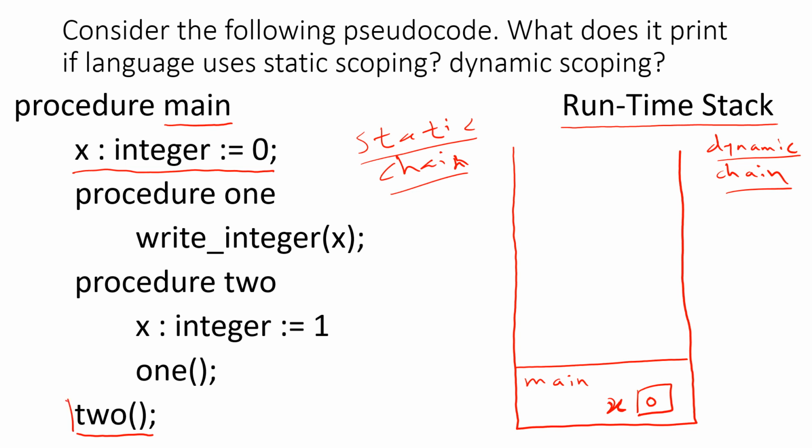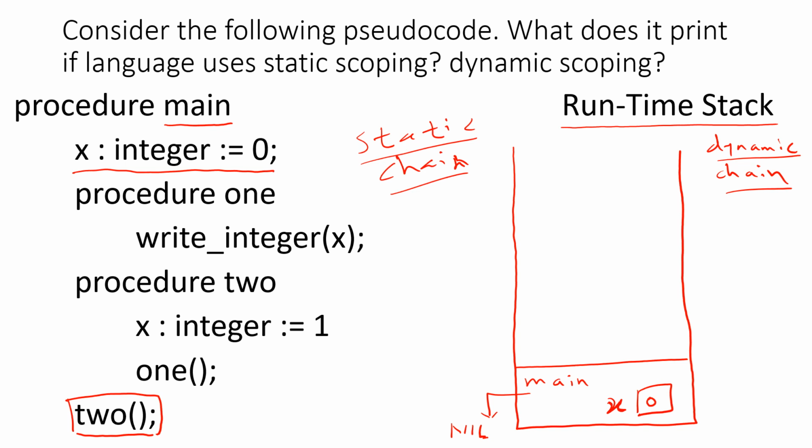We are going to execute this statement, wherein we call procedure 2. But before we call procedure 2, we have right now called procedure main. So we need to find out what is the static link for main and what is the dynamic link for main. If you remember my previous videos, the static link for main is nil.